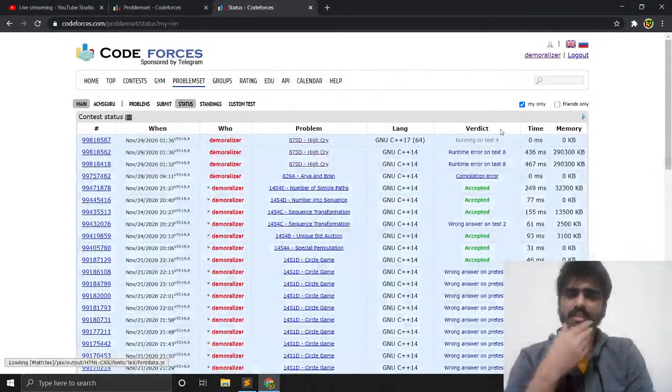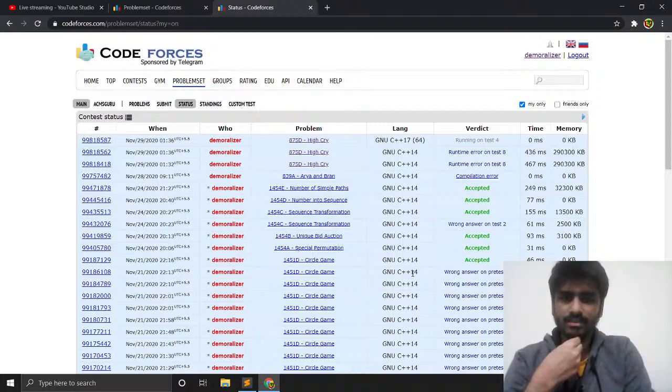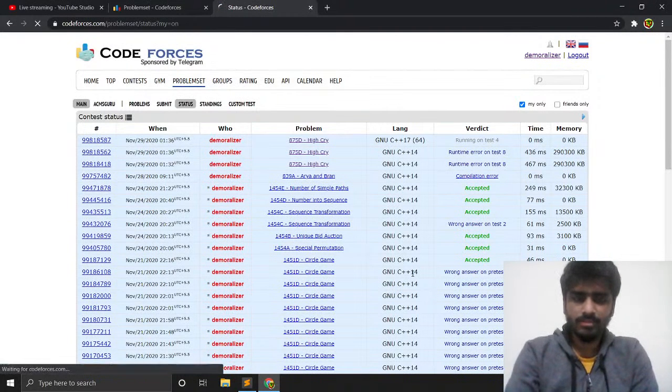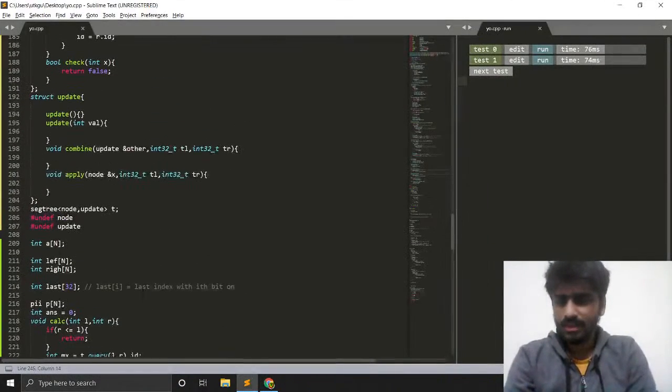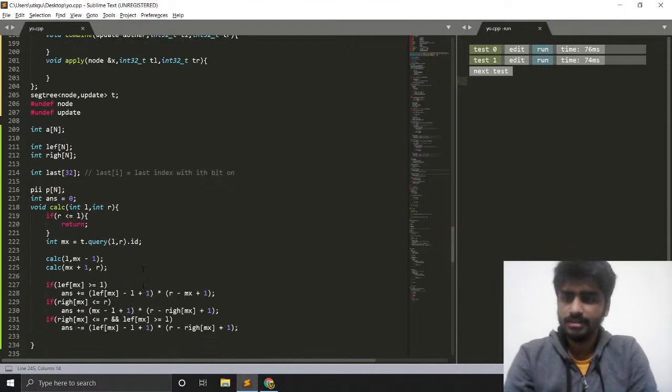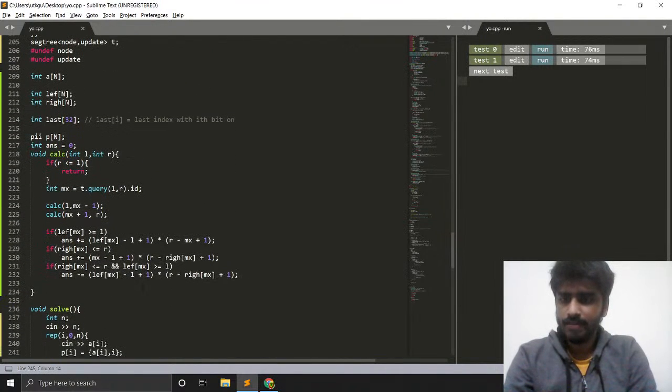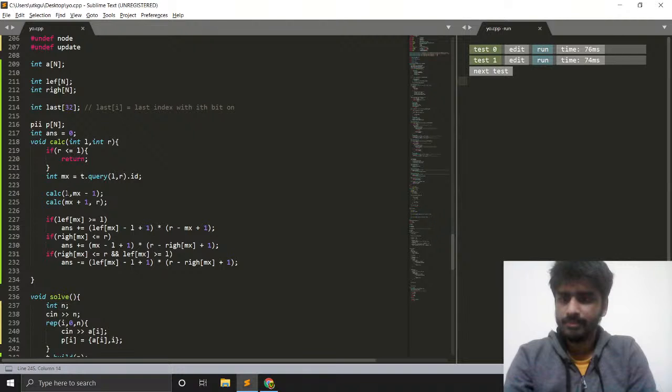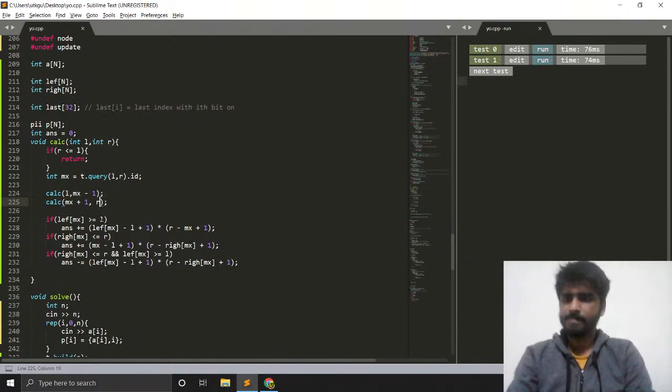I don't think it's because of the recursion. Maybe I'm doing something wrong. I don't understand what could be wrong here because there's nothing that can cause a runtime error in this code. Why is that happening?